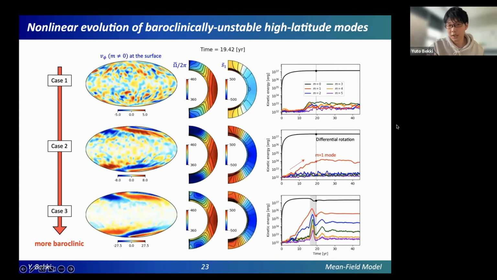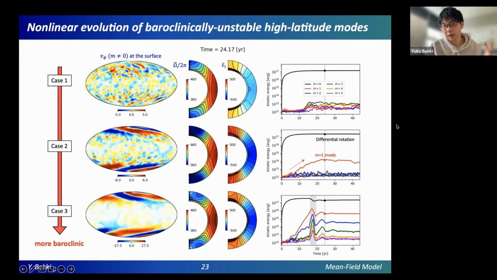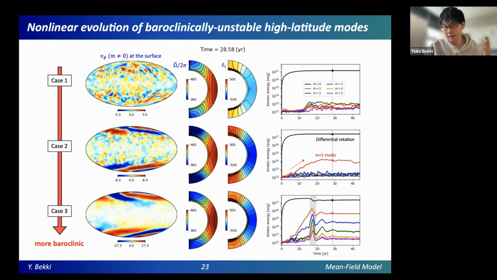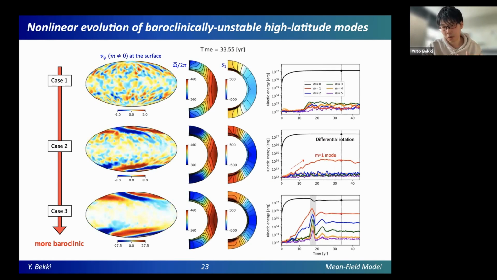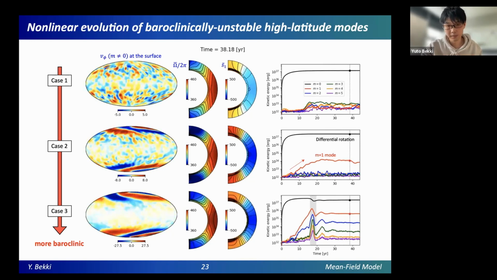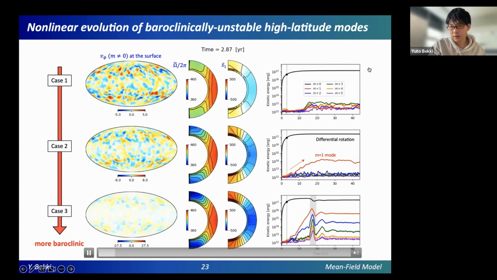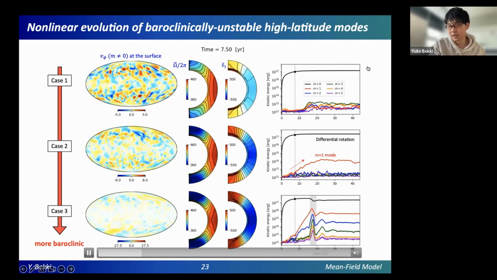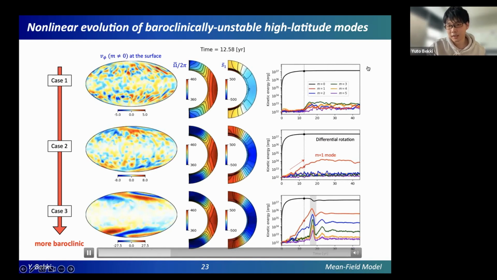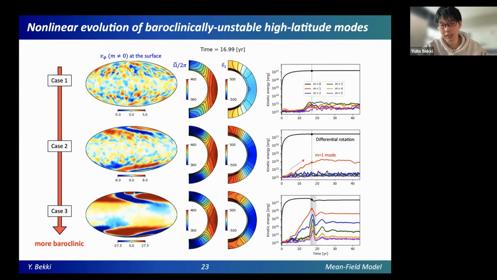And on the right, I show the time evolution of the volume integrated kinetic energy for different m modes. The black one is the kinetic energy of the mean flow, which is basically the differential rotation kinetic energy.